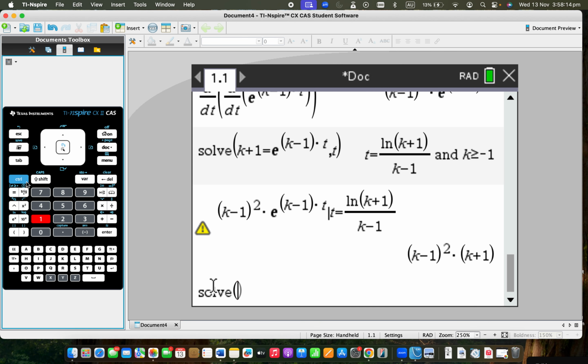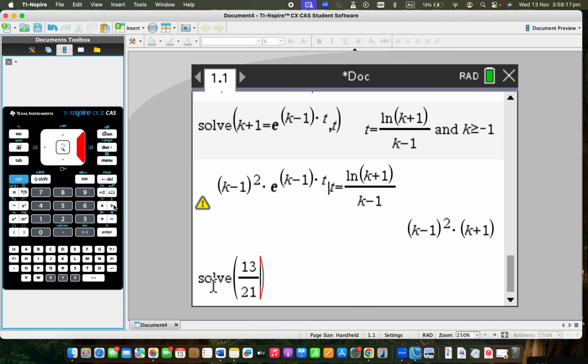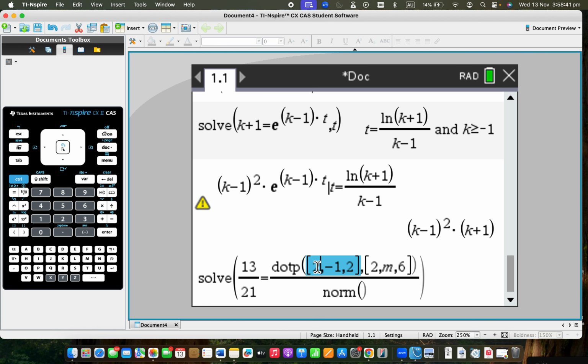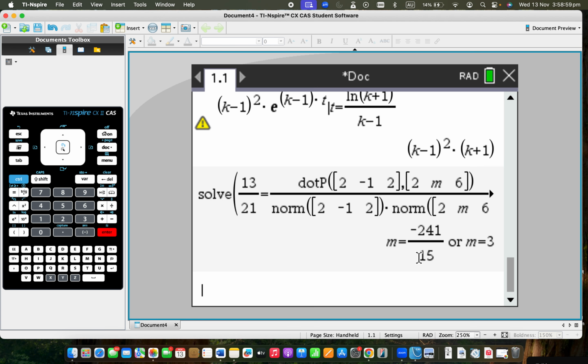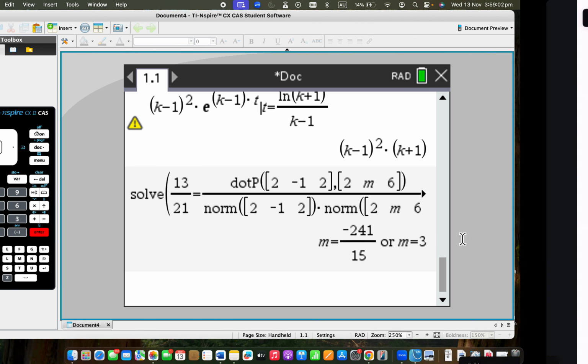So solve 13 on 21 is equal to the dot fraction, so the dot product of the first one is 2 comma negative 1 comma 2 comma the second one is 2 comma m comma 6, and on the bottom we have the norm, the magnitude of this, times the norm of this, comma m. So it says m is an element of real positive, so m is 3.